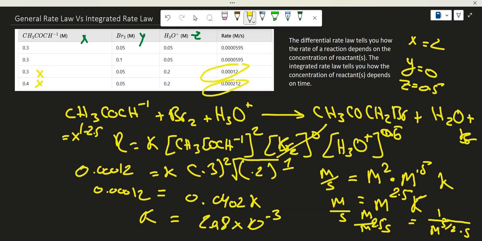So that's the unit of K. It's going to be 1 over M to the 3/2, or 1.5, because 1 minus 2.5 is minus 1.5.